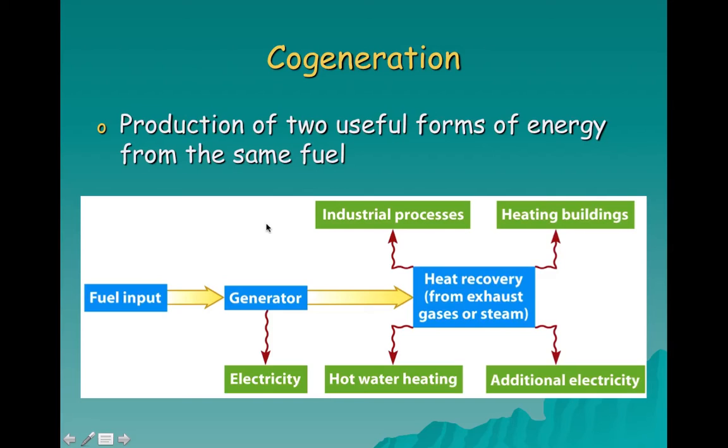And then cogeneration is the last thing. It's another way, we just keep finding new ways of being efficient, which is really great. It's basically producing 2 types of energy, electricity and heat, together. So let's say you have some sort of fuel input, whether it's coal or natural gas, and you get electricity out of that.